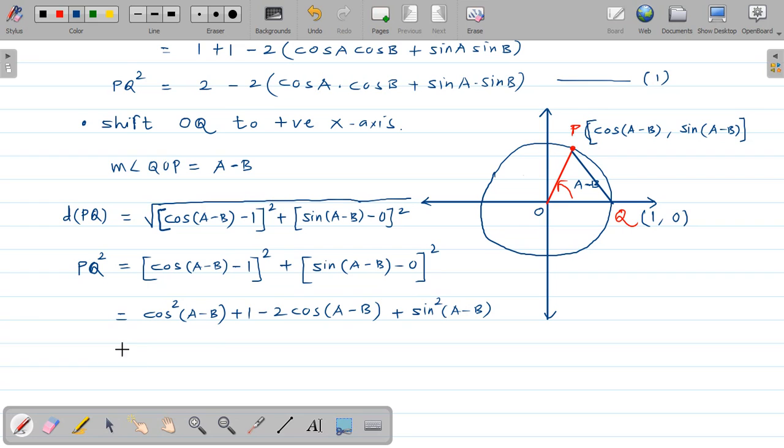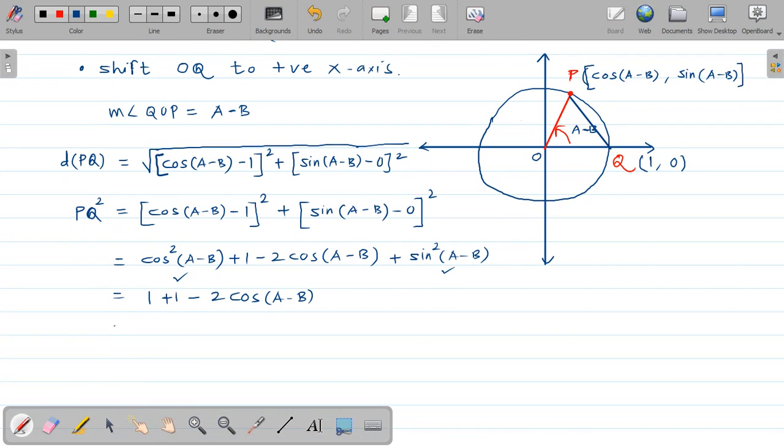Now if you observe this expression, cos square(A minus B) plus sin square(A minus B) will be 1 by the fundamental identity. Now here there is a 1, so 1 plus 1 minus 2 times cos(A minus B), and hence we get 2 minus 2 times cos(A minus B). So we get PQ square again with respect to this figure. Say this is equation number 2.